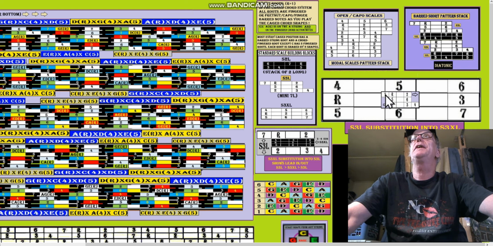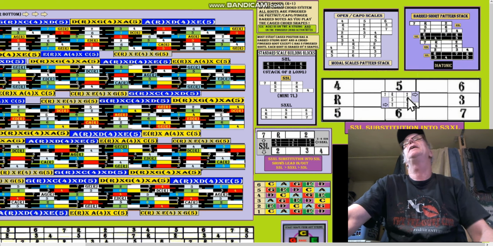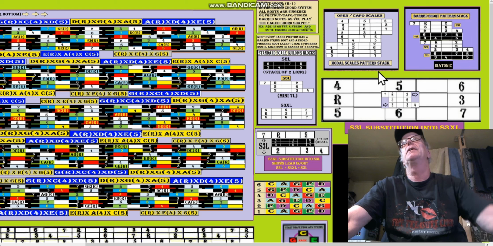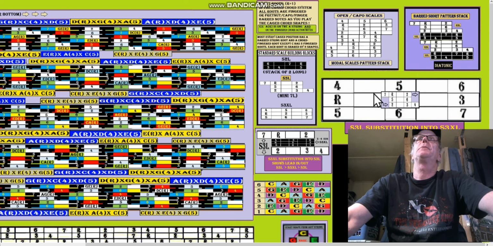Look at this pattern right here, it is an S3L. It's a minor 7 L, a 7 and an L there. Well, look at that. It's almost shaped like a 2 there. So you substitute, you start from 2 there and you end on the 2 there. So you can go 5, 6, 7, root, 2, 3, 4, 5, 6, 7, root, 2 onto this 3, 4, 5, 6. That's a substitution there.